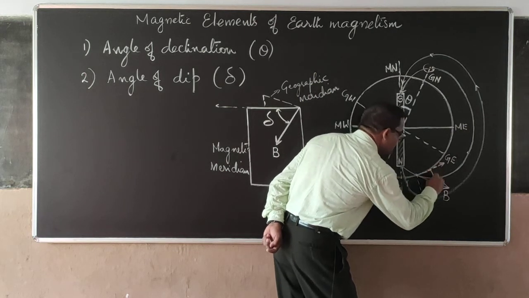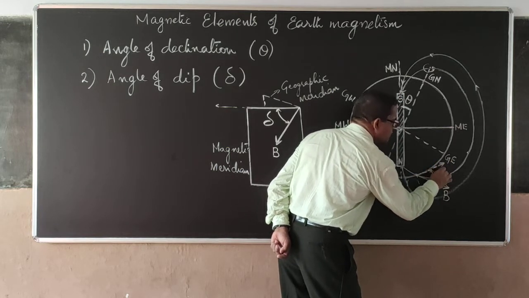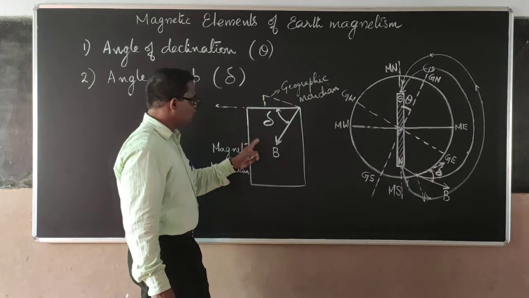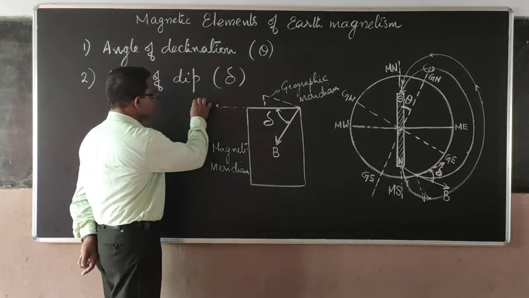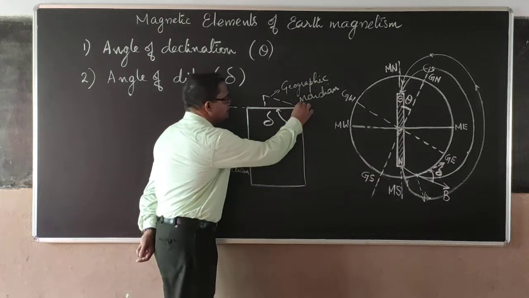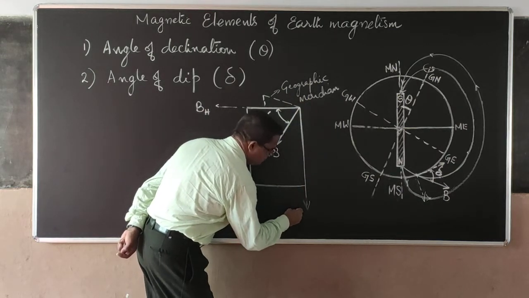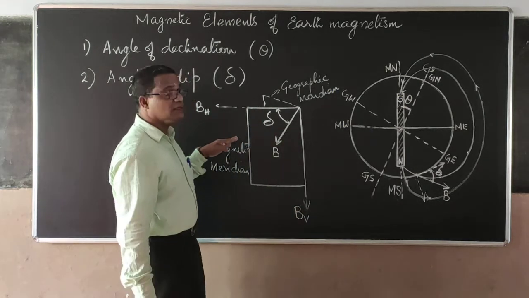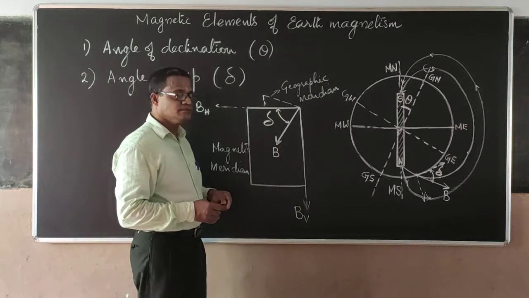The angle between this B and the horizontal will give you the angle delta. So this is your horizontal component of Earth's magnetic field, and this is the vertical component of the magnetic field at the place, with the magnetic meridian of Earth.